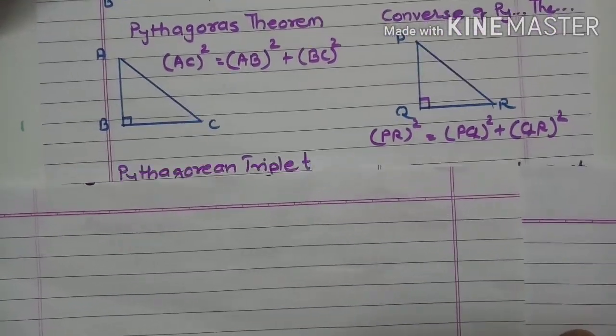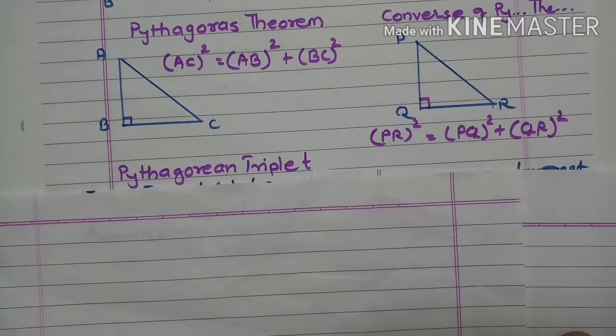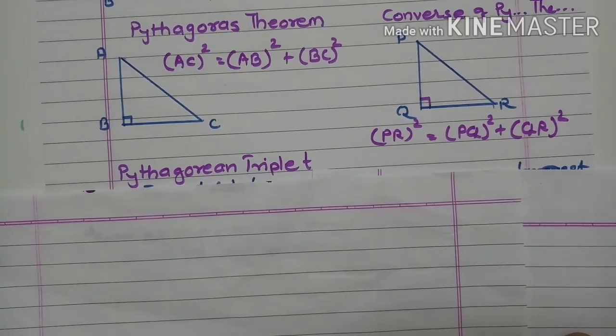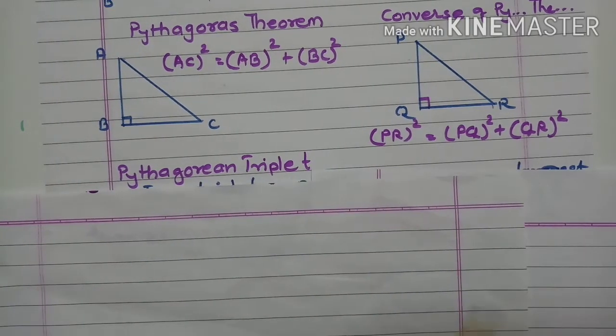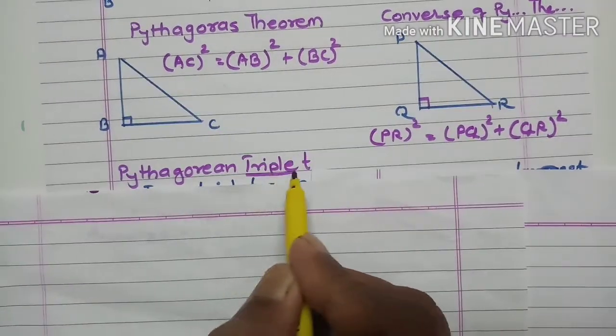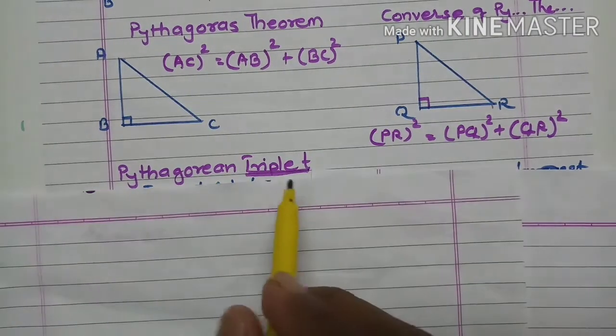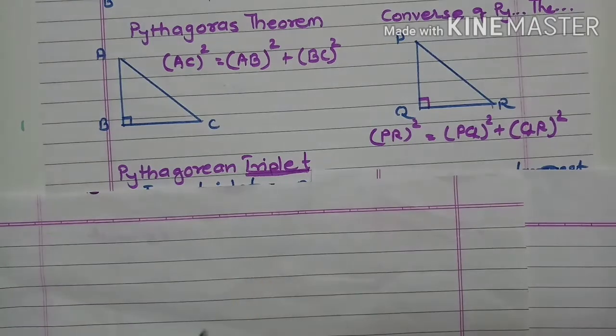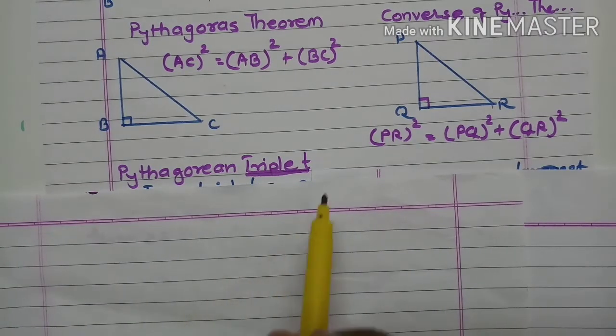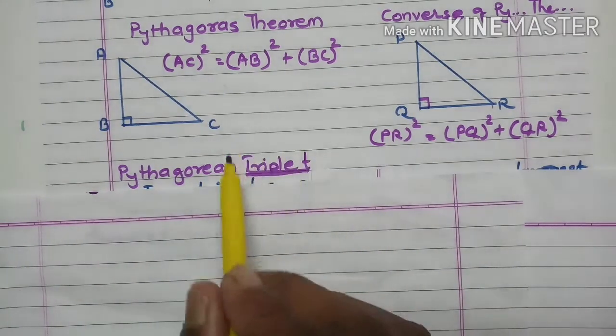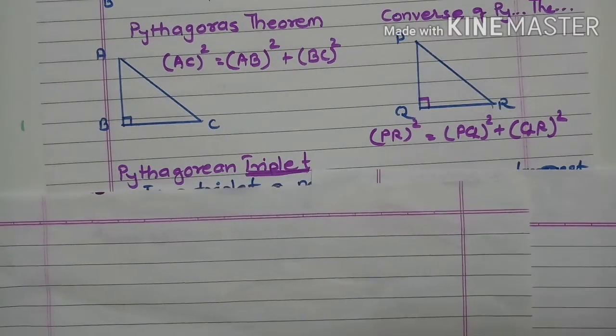Now further, let's see what a Pythagorean triplet is. What is meant by triplet? Triplet means a group of three. So here we are talking about a group of three numbers. Which triplet is called a Pythagorean triplet?